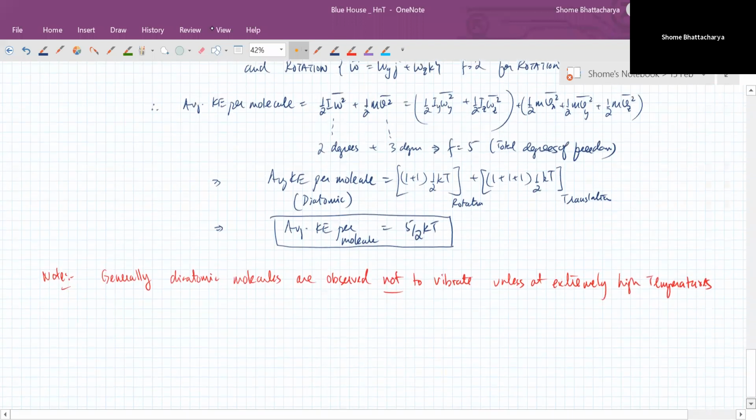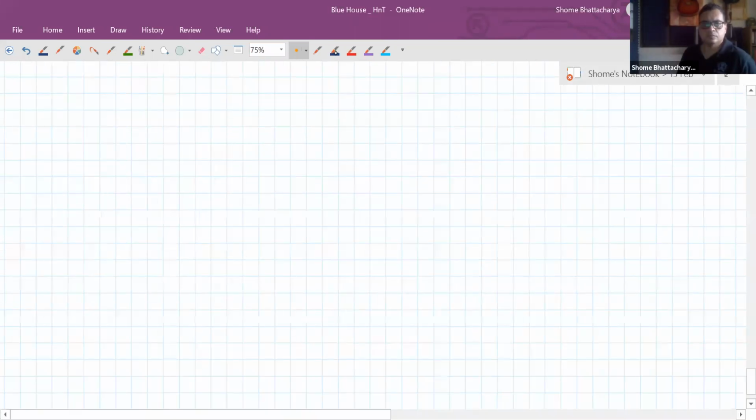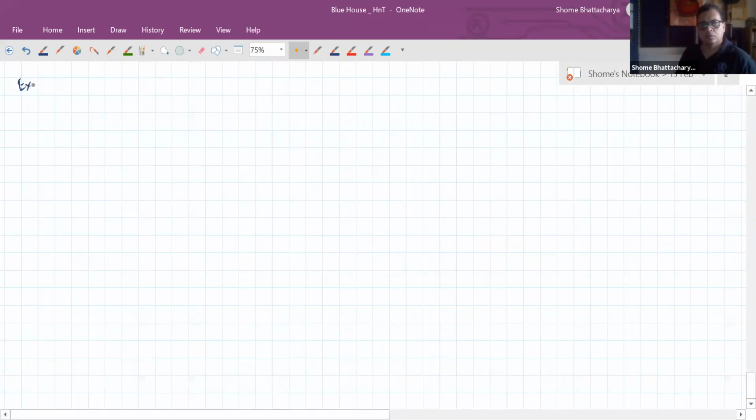Okay, so let's understand a quick numerical application of these type of concepts. So next we have two containers having some kind of ideal gases each.